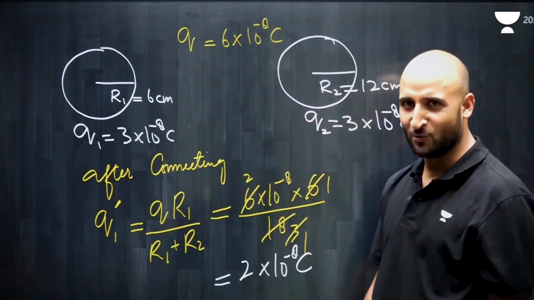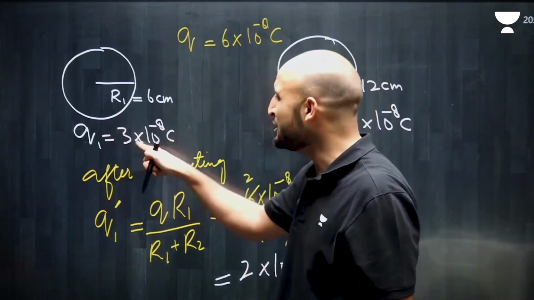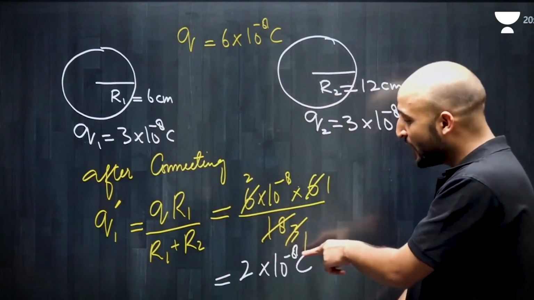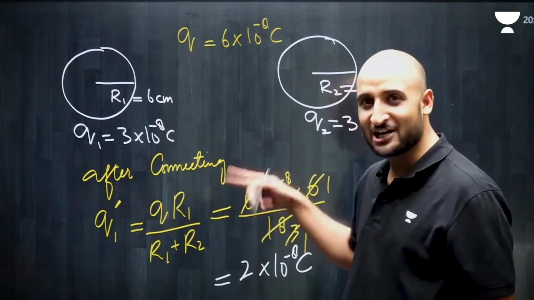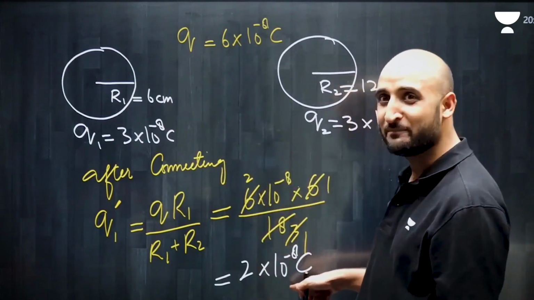I do not need to find the final charge on the other sphere. You know why? What was the initial charge on this sphere? 3 cross 10 power minus 8. What is the final charge? 2 cross 10 power minus 8. Has charge decreased or increased? Obviously decreased, by 1 into 10 power minus 8.